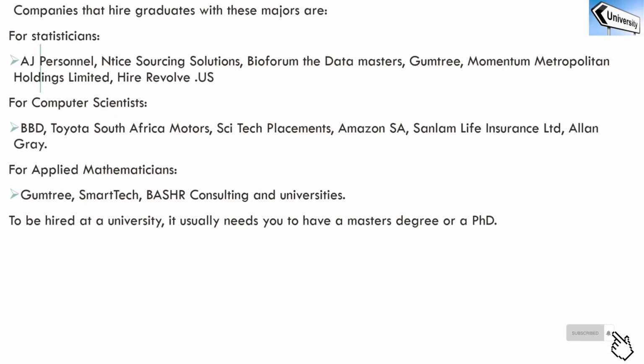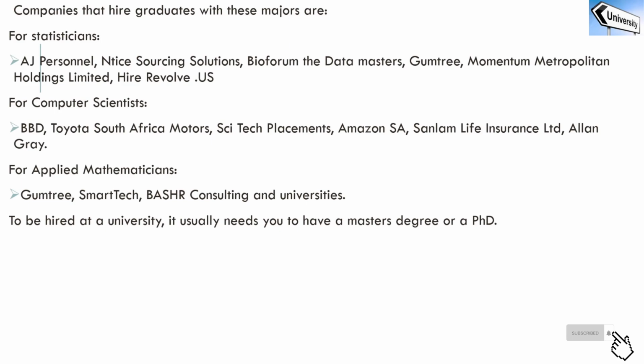So I have given you guys a list of companies that hire graduates with the majors I have, which is statistics, computer science, and applied maths. I've divided them. So for statisticians, you have companies which are interested in hiring statisticians, for computer sciences as well, and for applied mathematicians. The thing is, with applied mathematics or physics or any of those hardcore majors, chemistry and whatnot, you usually need a master's degree or PhD in order for you to be recognized that much.